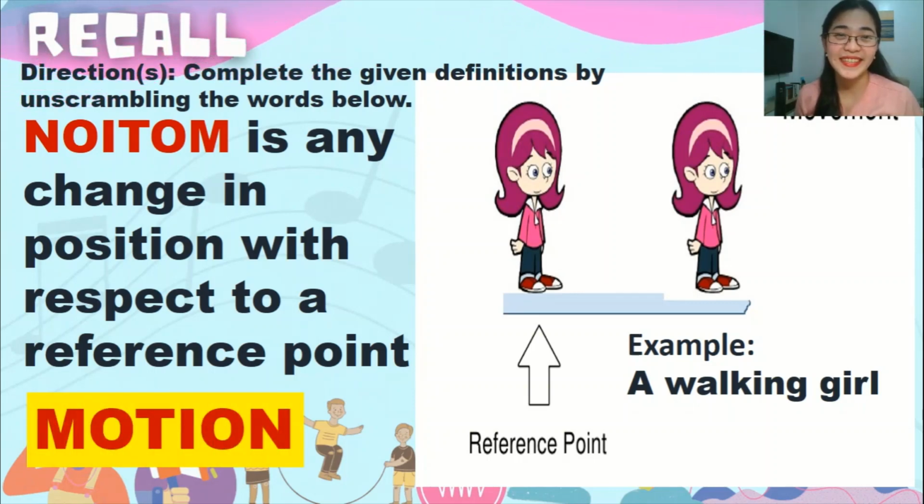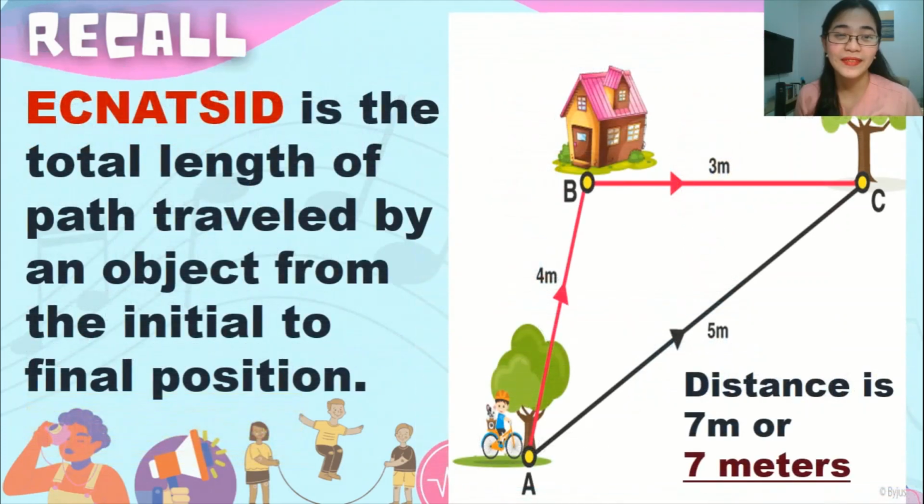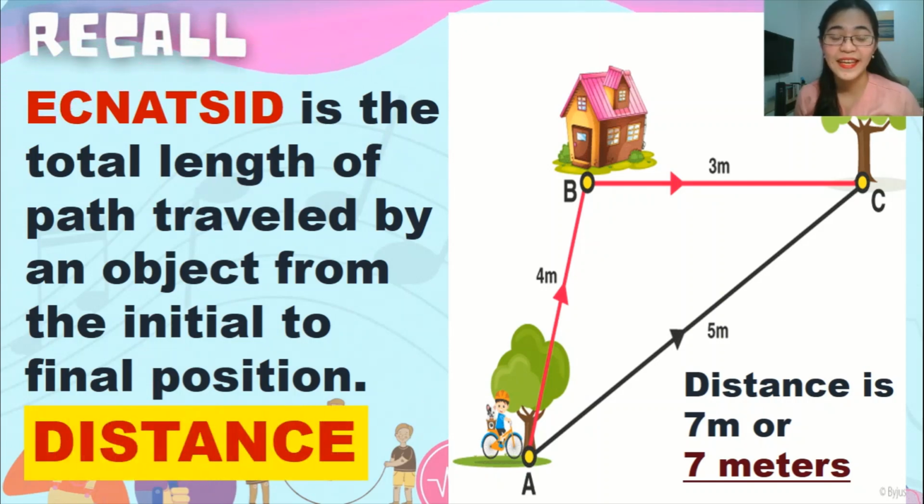Motion. Next. It is the total length of path traveled by an object from the initial to final position. Can you guess? Distance. As you can see in the picture, the total distance is 7 meters.